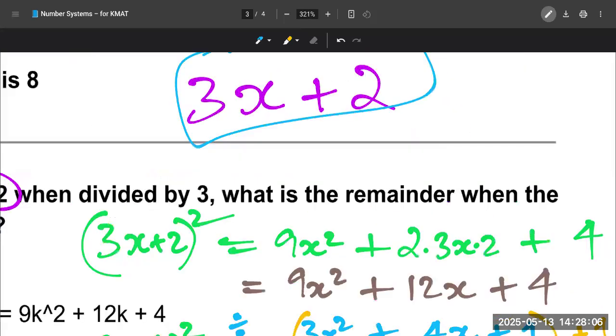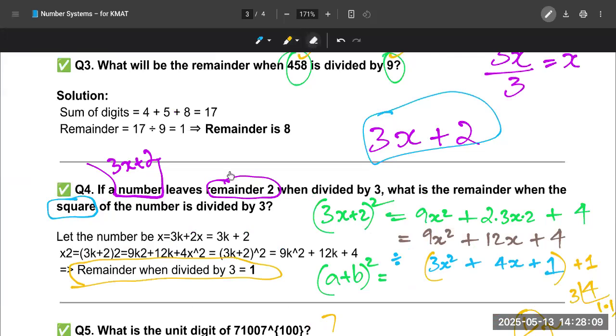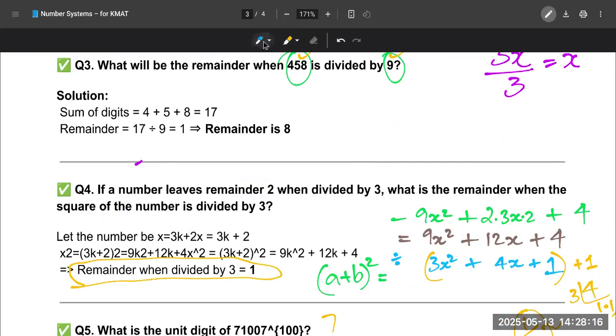We'll do another question from this. Suppose a number leaves remainder 3 when divided by 4.